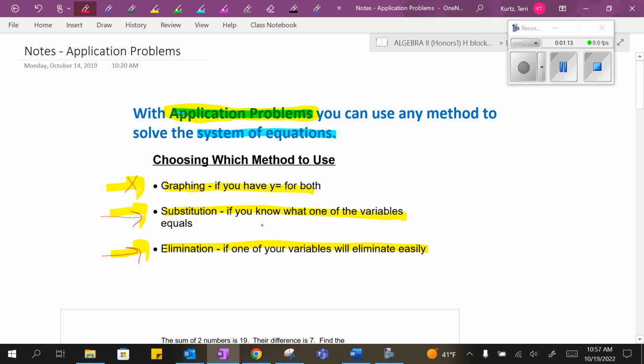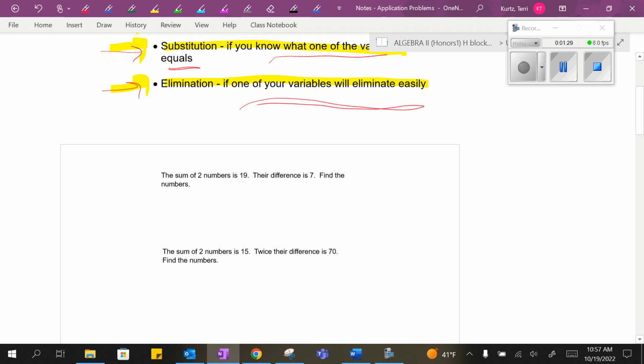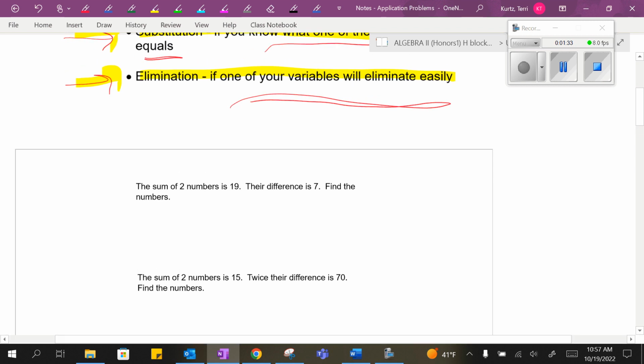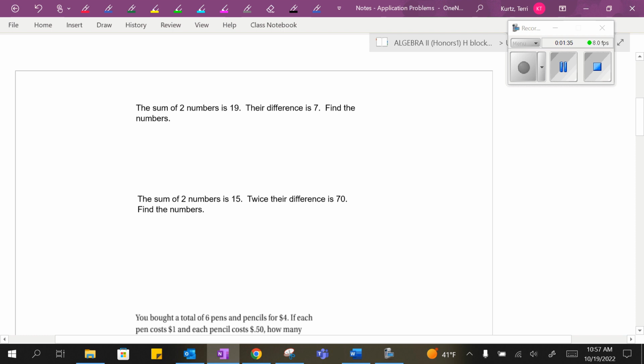So maybe if you already have a variable by itself, you might want to go ahead and use substitution. If your equations look like you would be able to eliminate one of the variables easily, you might want to use elimination. Okay, so let's jump right in and look at some examples of the types of problems we're going to see with a system of equations.